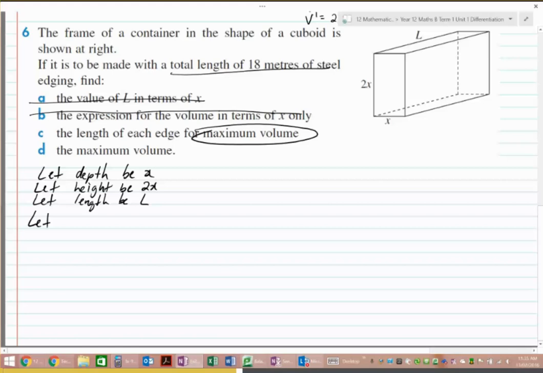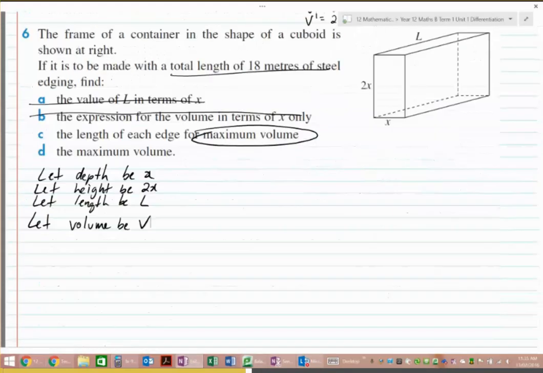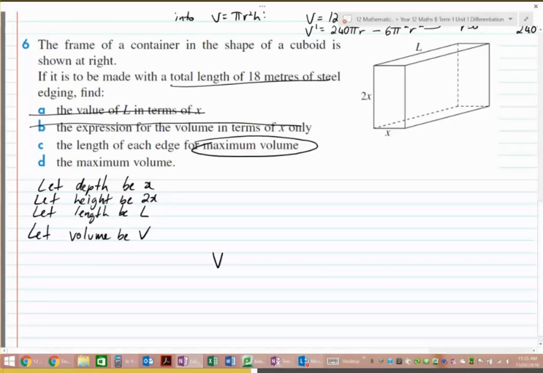And I'm trying to find the maximum volume, so let the volume be V. Is that the way I normally write it? No. Okay, so it should be the other way around. Let x be depth, let 2x be height, but it doesn't matter too much. Trying to find maximum volume. Volume of a box like this is length times width times height. I'll just call this width then, to be consistent with my formula.